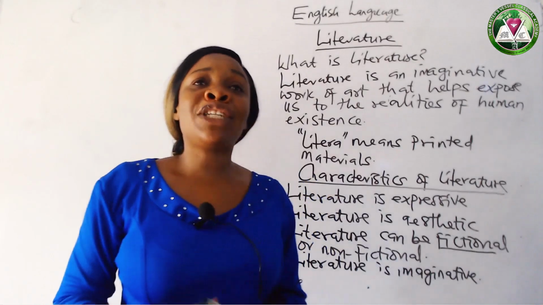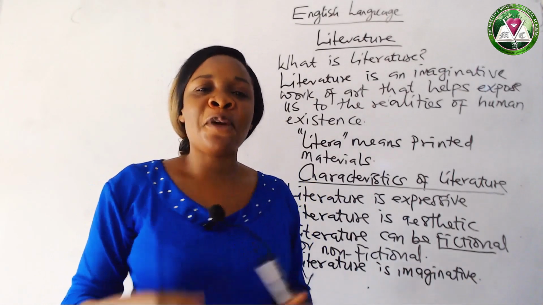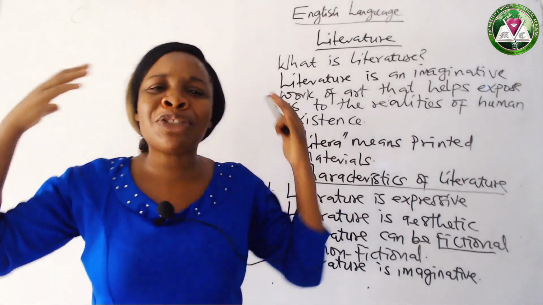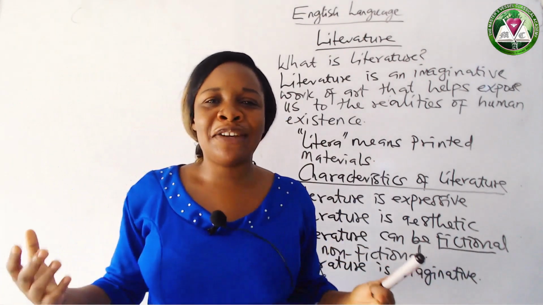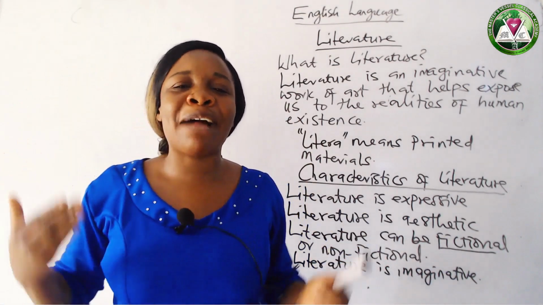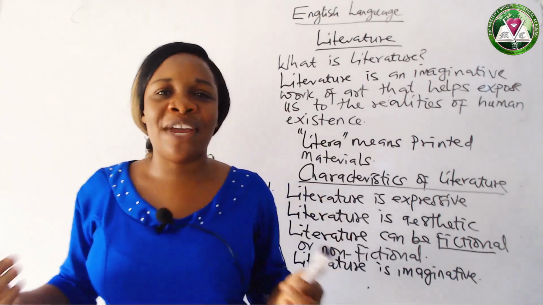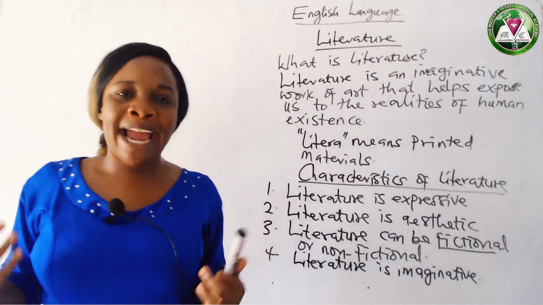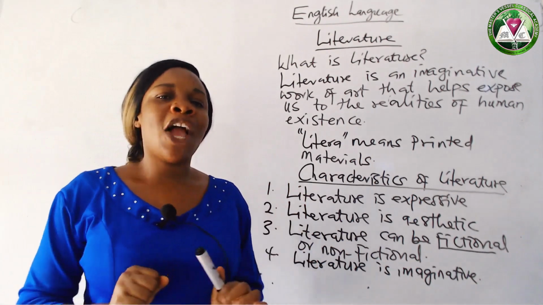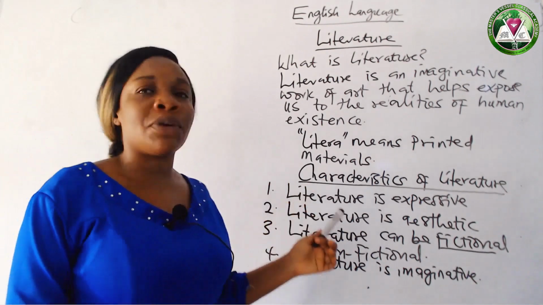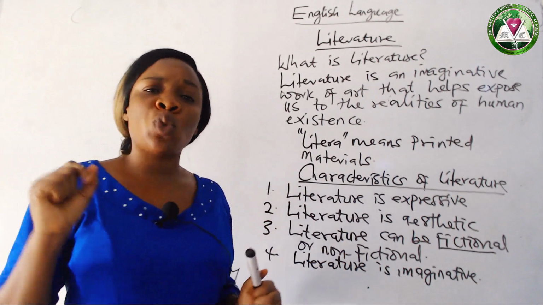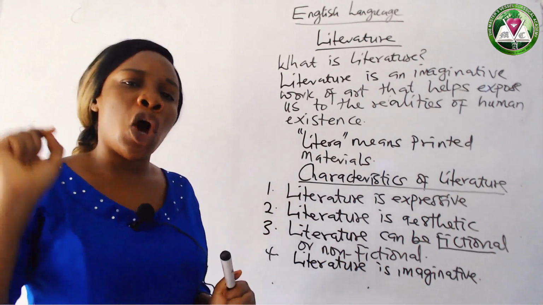Literature is imaginative means that literature can be created from the mind. It can be created or recreated from one's mind. All right, having looked at the characteristics of literature, let us quickly go to the types of literature.